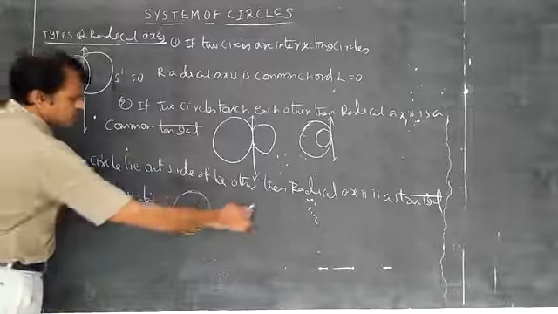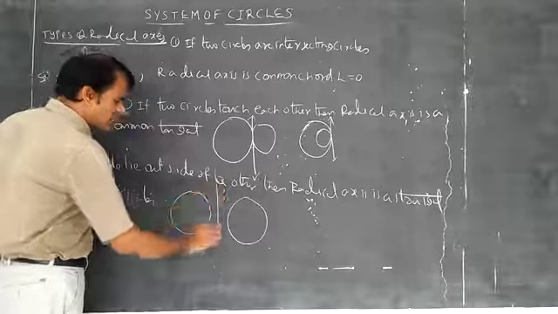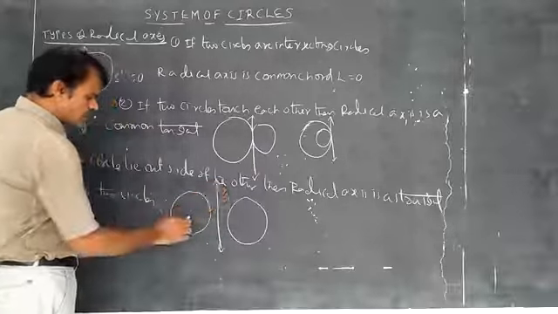Draw like this. The powers of a point with respect to the two circles should be equal.